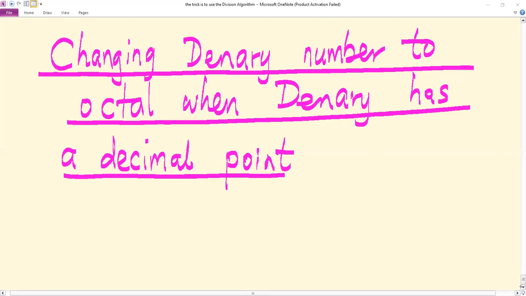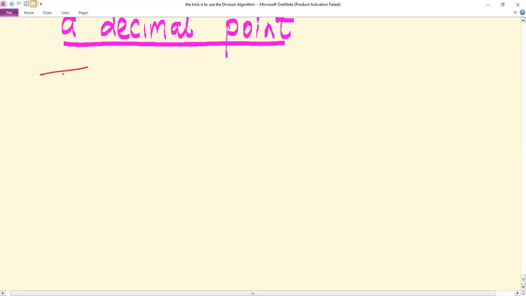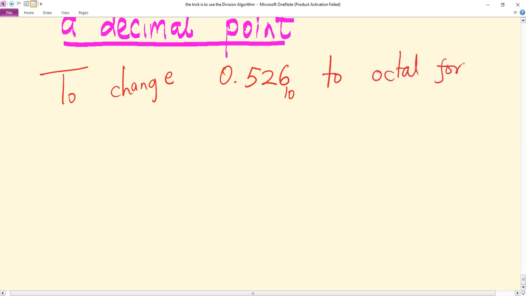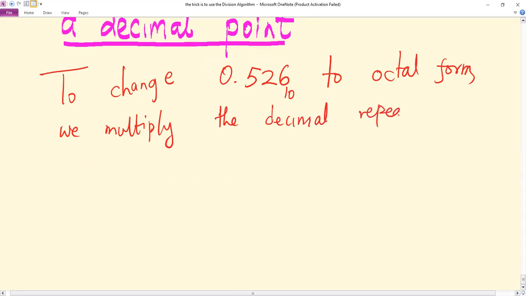So to change, for example, the number 0.526 base 10 to octal form, we multiply the decimal repeatedly by the new base, and the new base for this case is 8.